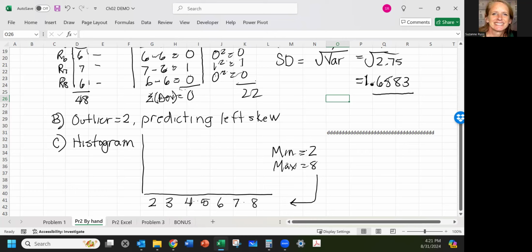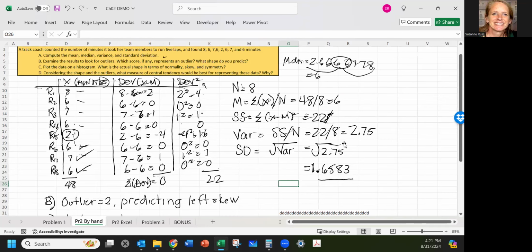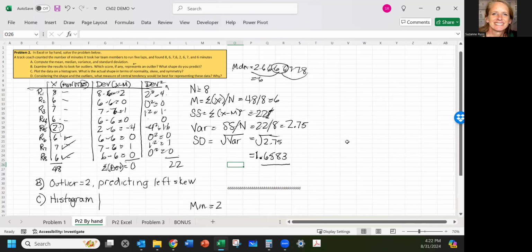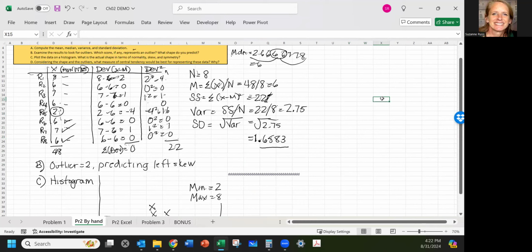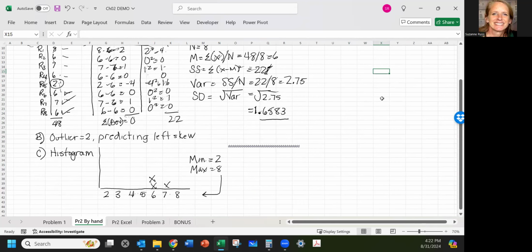And let's just go ahead and plot them. So I'll start with the 6, 7, 6. And now I'm going to reduce the screen size just a bit here so I can see the numbers and the chart at the same time. Next, we plotted the 6, 7, 6.